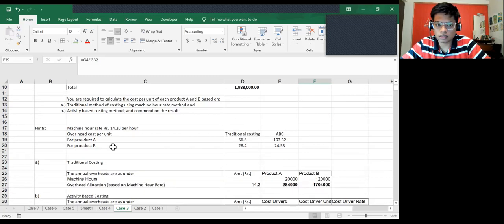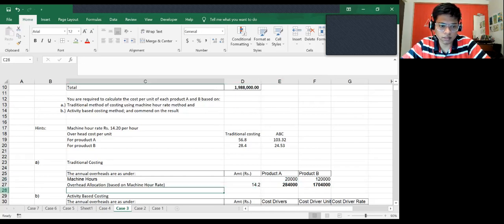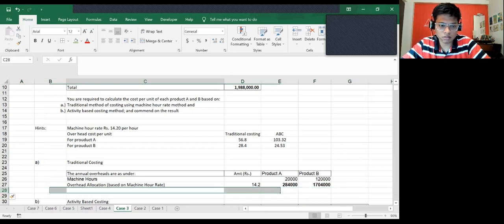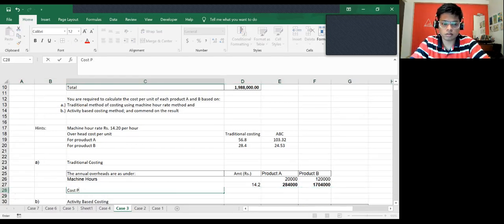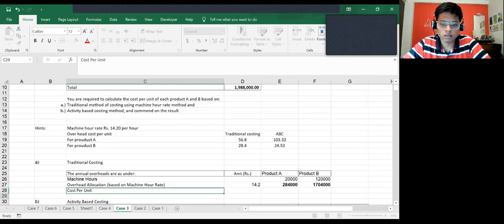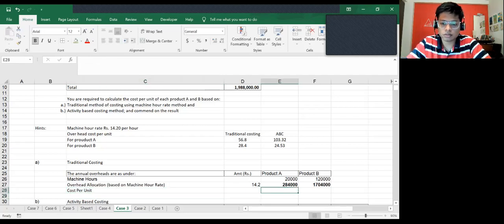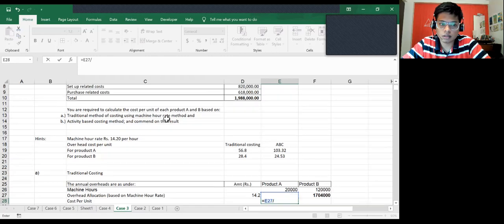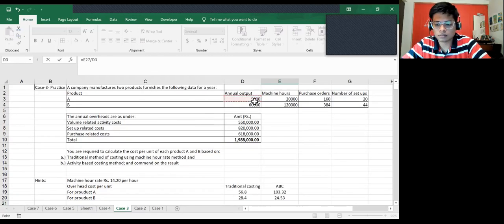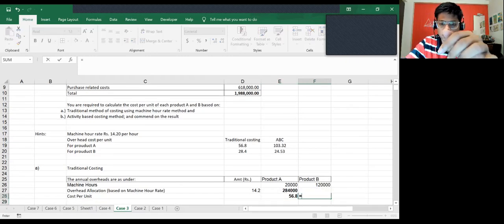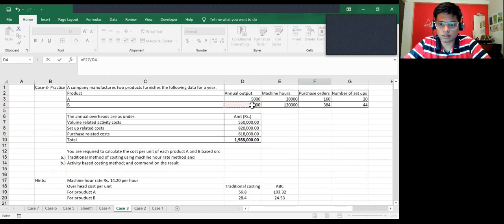The question also requires you to calculate cost per unit. So I'll add another line, cost per unit. How many units are being produced? This divided by 5,000, and this divided by 60,000.